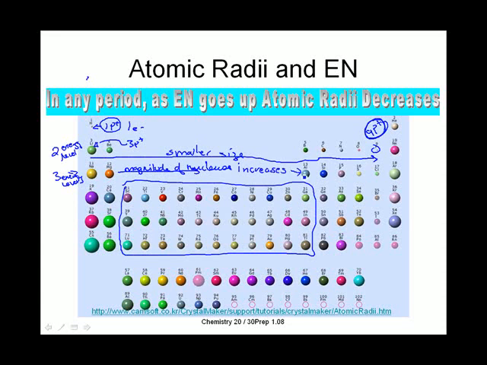And that's what causes the size to shrink. And as these atoms shrink, they're going to have higher electronegativity. Since they're smaller, they can get closer to other atoms. The smaller you are, the closer your positive center can get to other atoms.